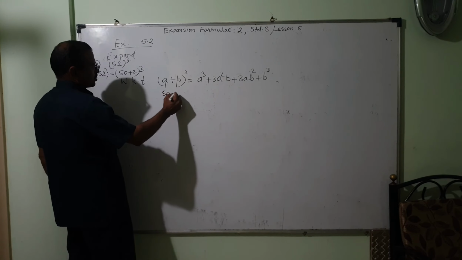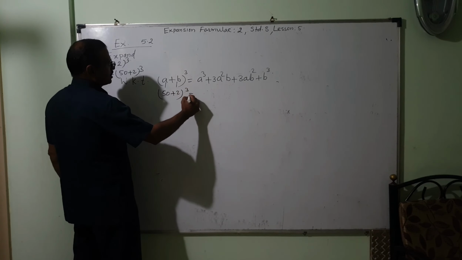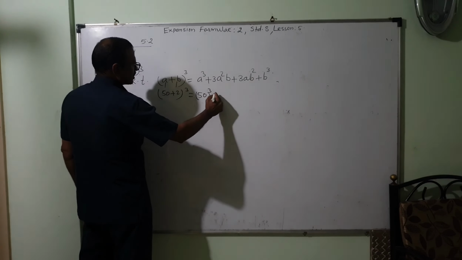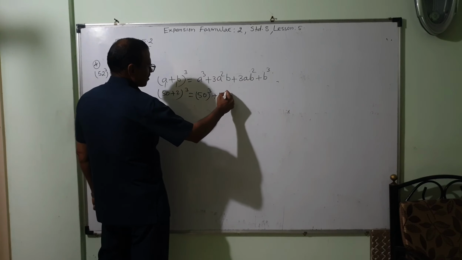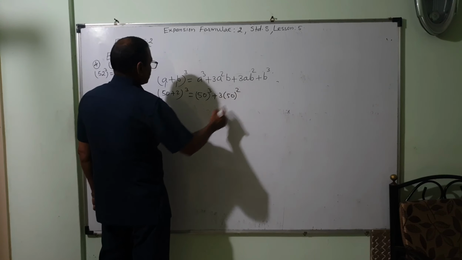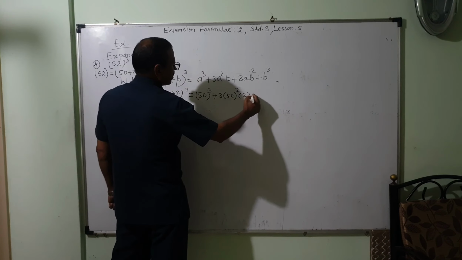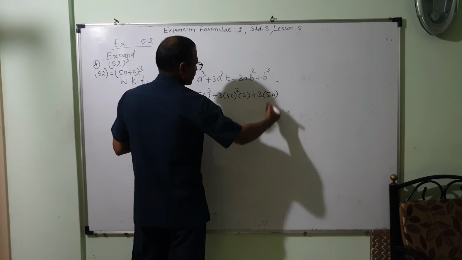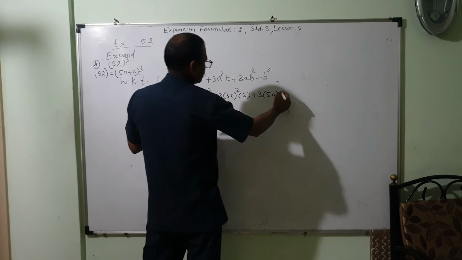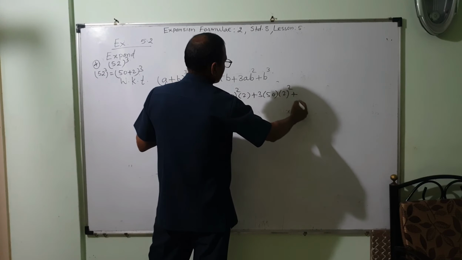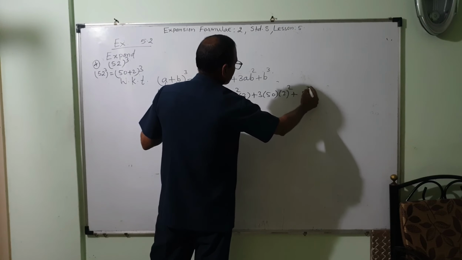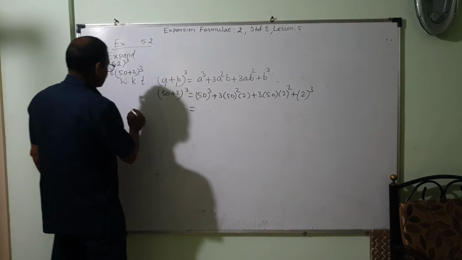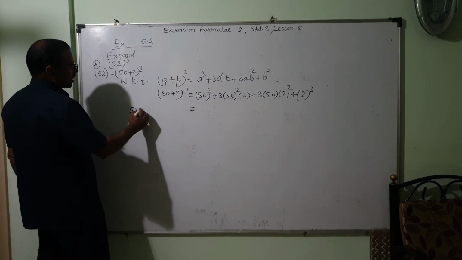So (50 + 2)³ is equal to a³ means 50³, plus 3a² means 50² into b is 2, plus 3a, a is 50, 3 into 50 into b² means 2², plus b³ means 2³.